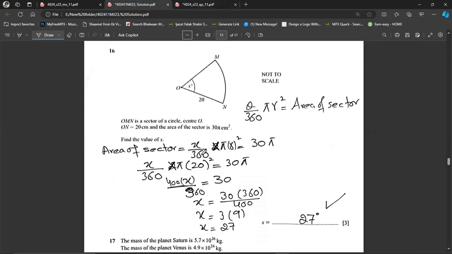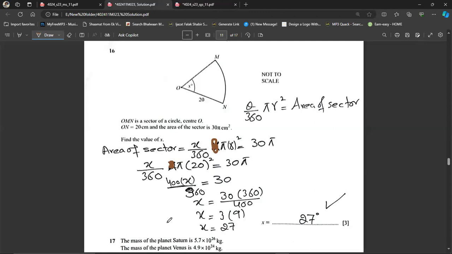So area of sector is x, the angle, divided by 360 pi r squared. This 2 is not here, this was by mistake. Okay. Pi r squared. So this pi and pi will be cancelled. So you are left with the radius 20, 20 squared, that is 400, into x divided by 360 equals 30.